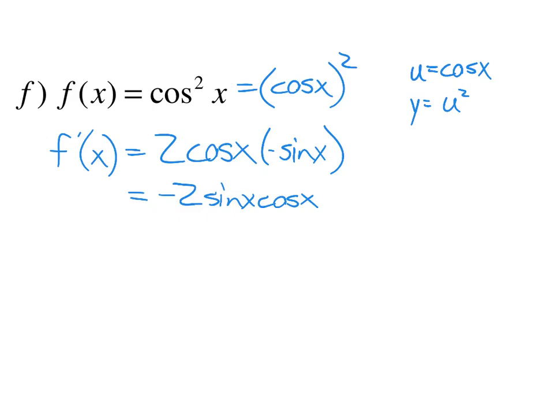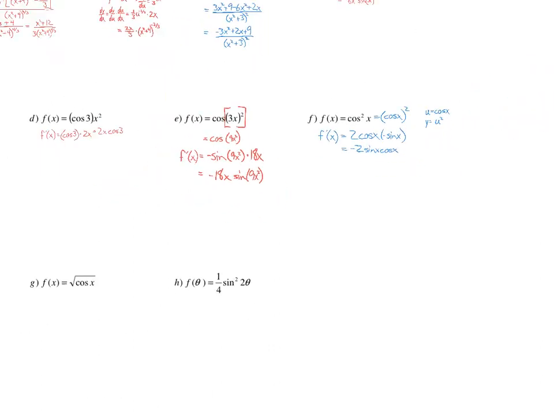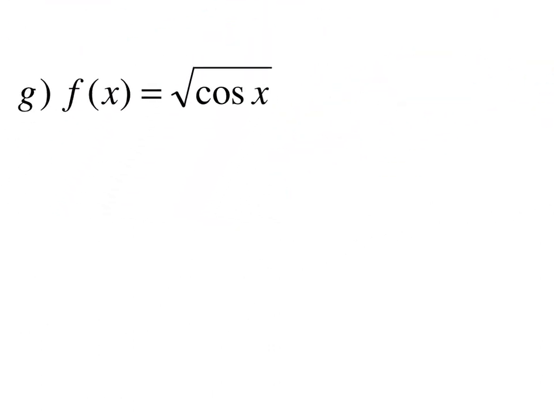Now, G is very, very similar. What's the outer function here? Something to the 1/2 power. So that y is going to be u to the 1/2 power. The u is cosine x. So if I'm finding f prime of x, we will have a negative sign in there.